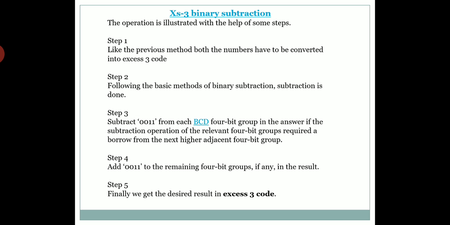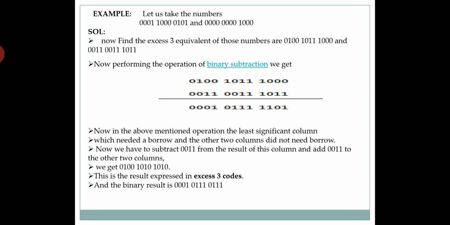Then step 3, subtract 0011 from each 4-bit group if a borrow occurred. Otherwise add 0011. In step 4 and step 5, finally we get the desired result in XS3 code, following the 5 steps.